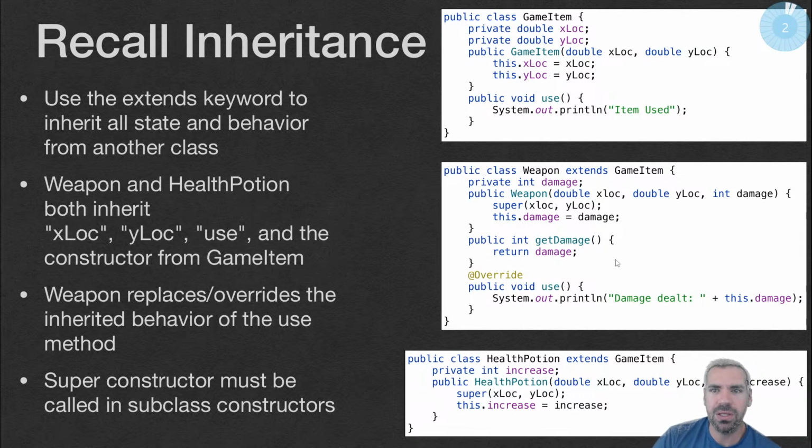Ooh, and I gotta drink this tea while we do this. Alright, so with inheritance, we had this game item class. Oh, why am I all... Alright, my hair's not that gray. I gotta adjust something here.